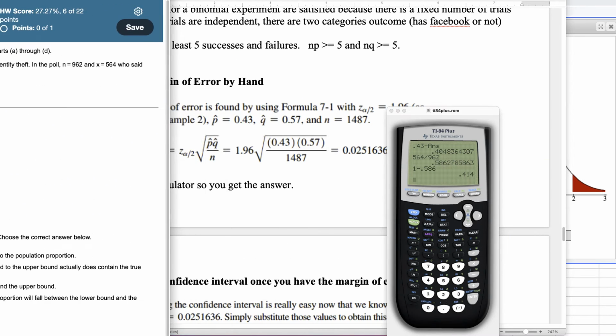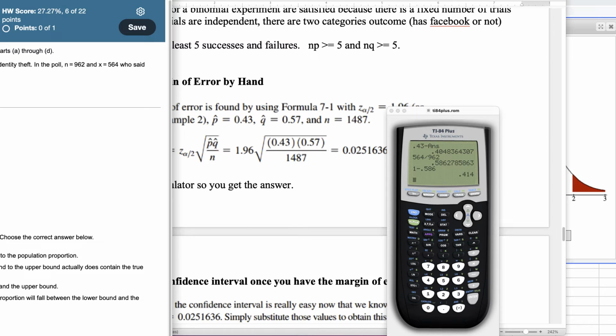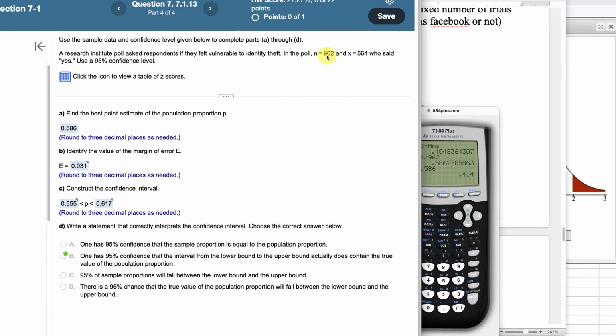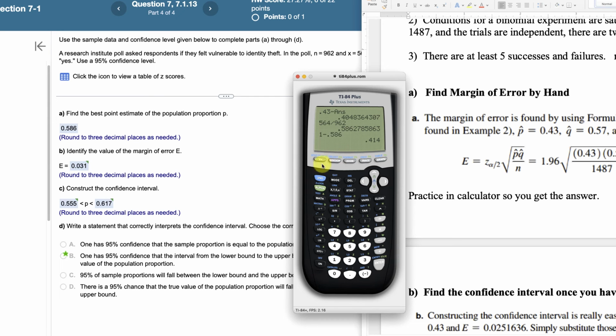So now we just need n. P hat, q hat divided by n, and n would be the 962. 0.586 times, right up here, what did I get? 0.414, divided by n, 962, equals.